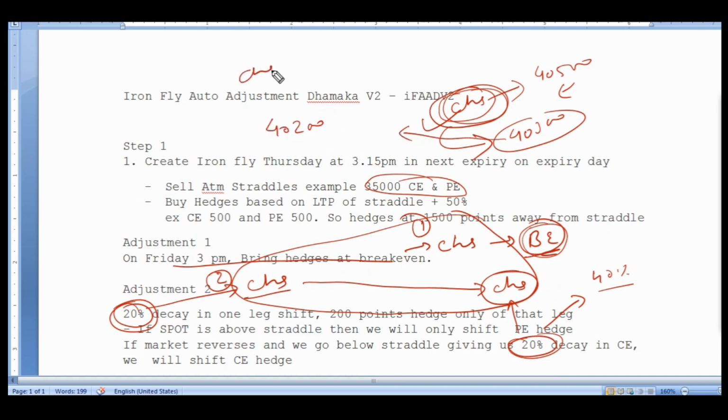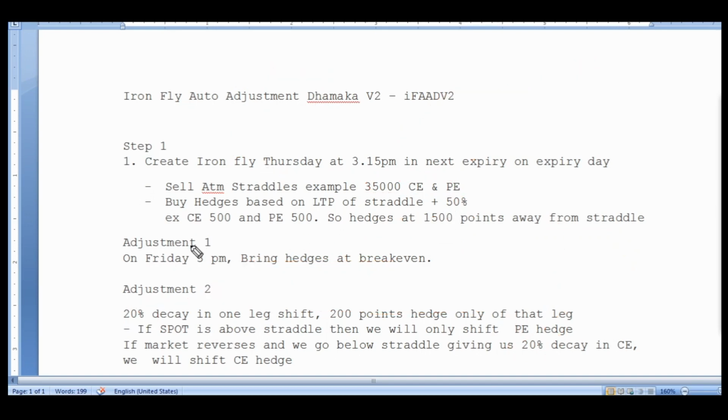So our CHS value will also update along with our strike prices, right? This get runtime is a boon, you can say, for the strategy developers on Tradetron, a very much awaited feature, and we were waiting for this for almost 1.5 to 2 years. So in this way, from the first adjustment onwards, our hedge strike values will be stored via CHS.